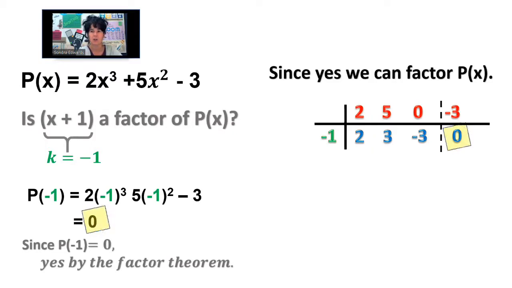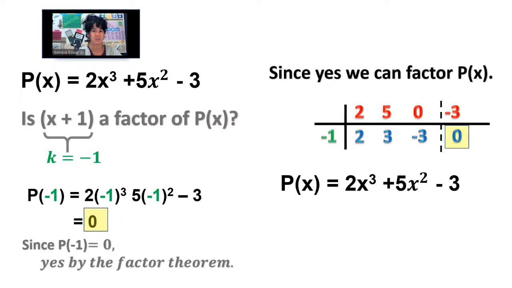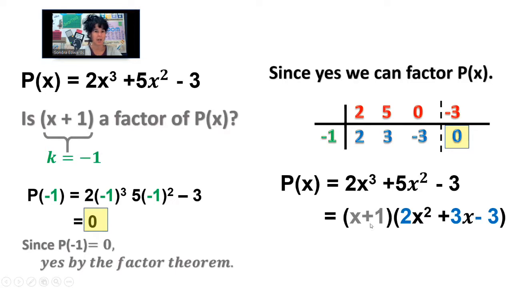Okay, so p of x is going to equal x plus 1 multiplied by, this is the result, so we divided a cubic by an x to the first, so we knew that it was an x to the second, so we have 2x squared plus 3x minus 3.